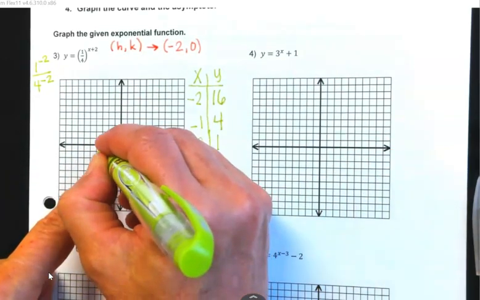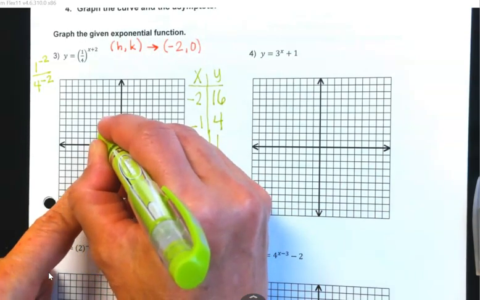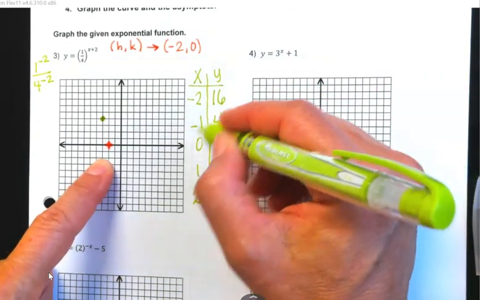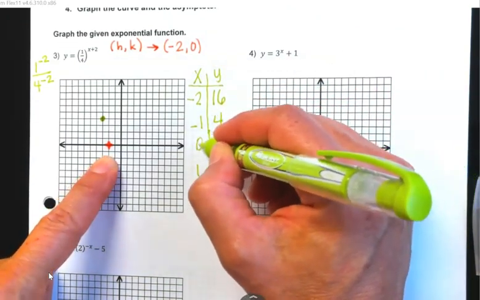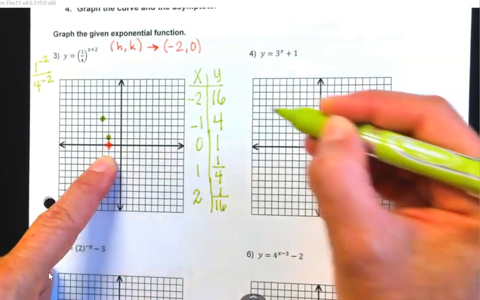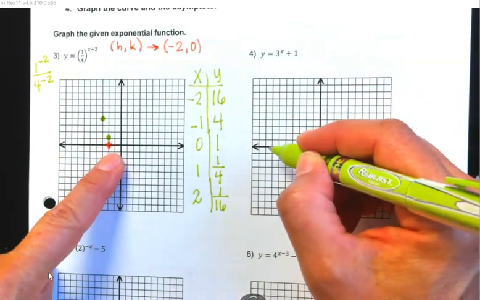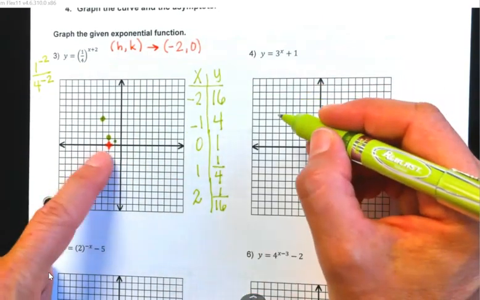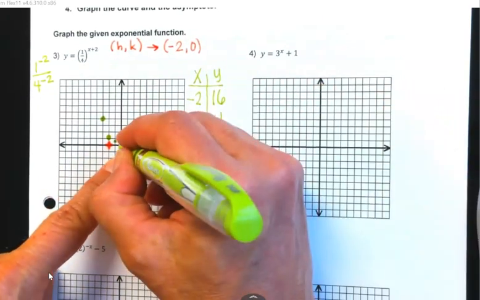So over 1, up 4. And then we're going to use 0, 1. So 0, up 1. And then we're going to go 1 to the right, 1/4. And then remember, 2 to the right, 1/16.